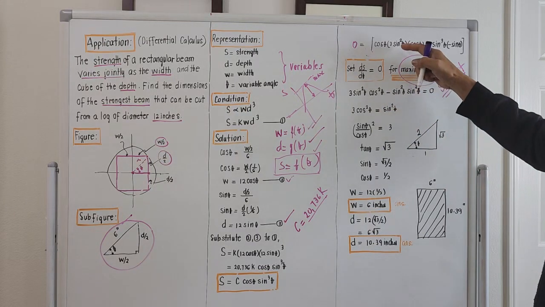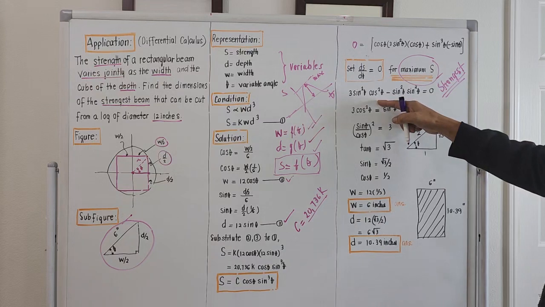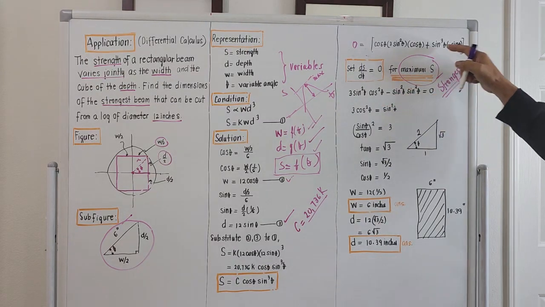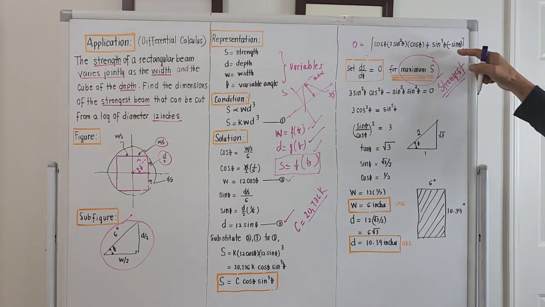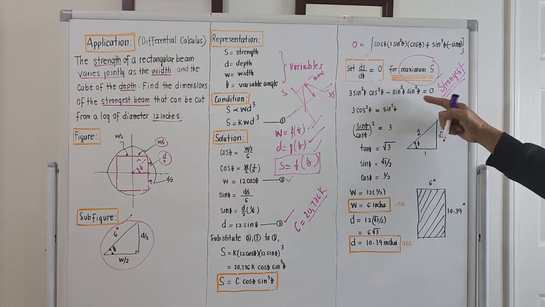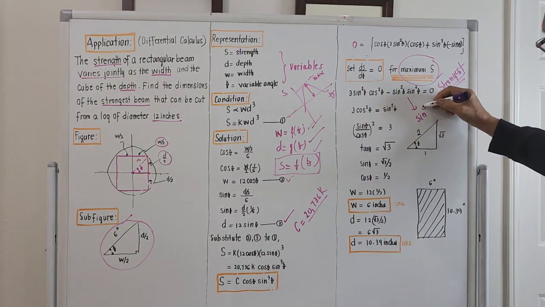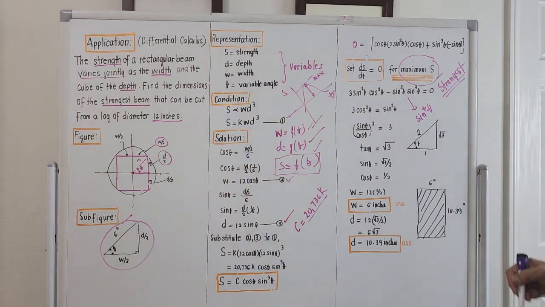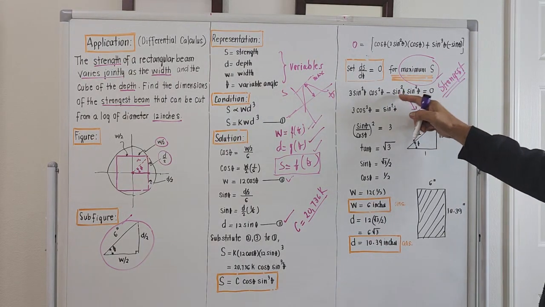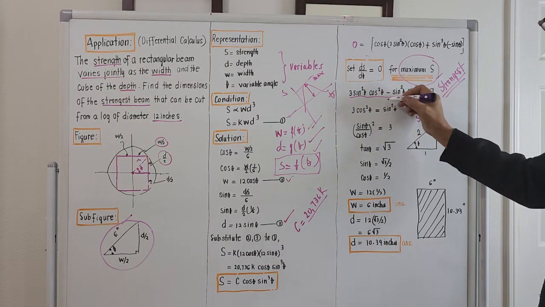It will be 3 sine square of theta cosine times cosine, which will be cosine square of theta. A plus and a minus will be minus. This is sine to the third, sine to the first, so it will be sine square of theta times sine square of theta, or actually this is sine to the fourth of theta. I just placed this one as sine square of theta so that I could divide the left-hand side immediately by sine square of theta.